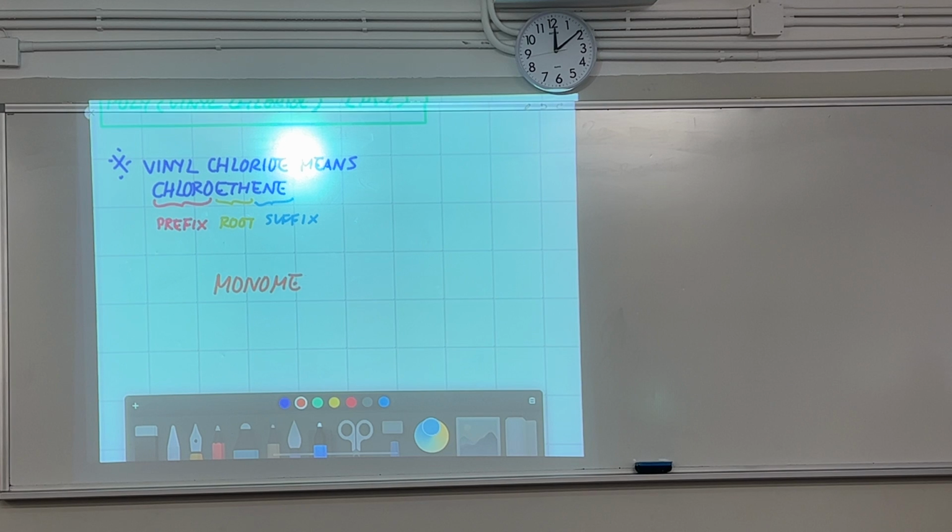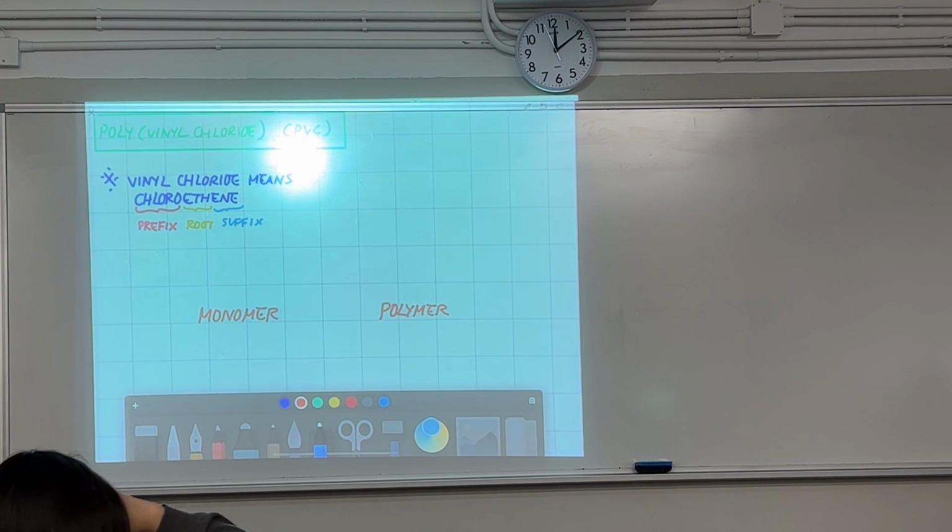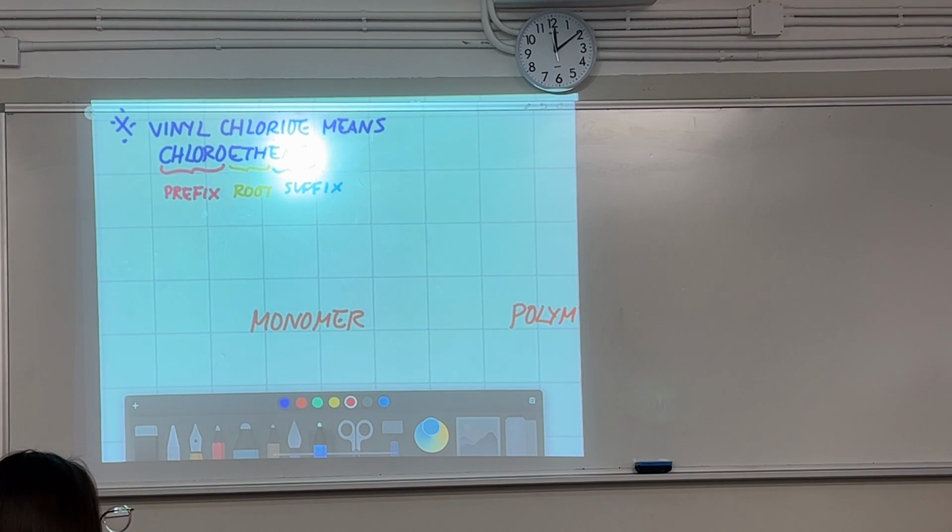So the monomer is chloroethene. Yes, I think so. So draw out chloroethene first. Like we saw, chloro means there is which halogen present? Chlorine, there is a Cl halogen present. And then we have the root.